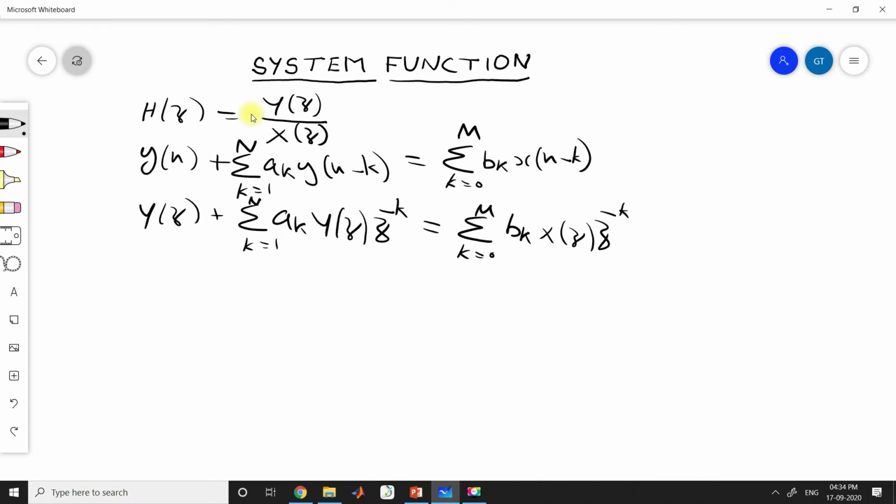So here we are applying the shifting property of the z transform so that we get z raised to minus k.